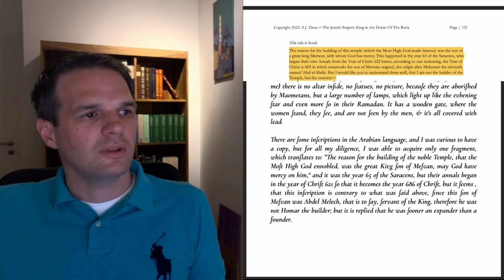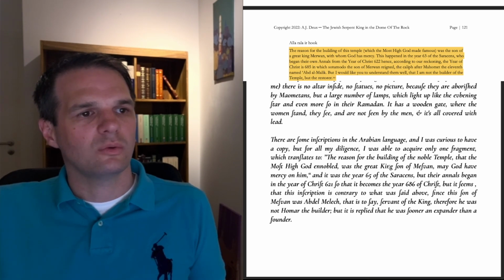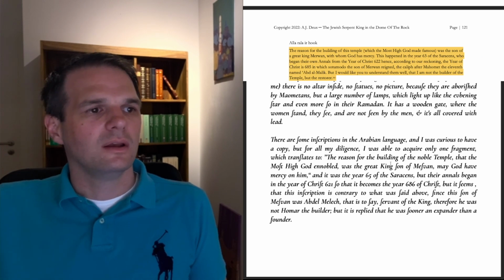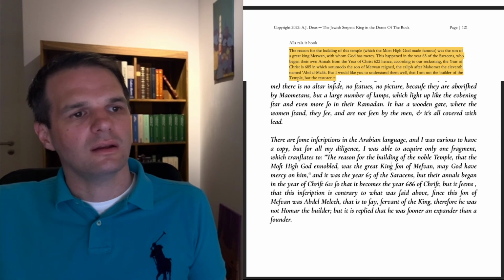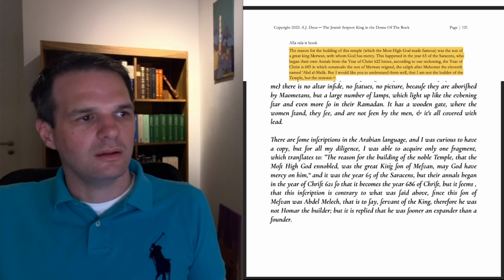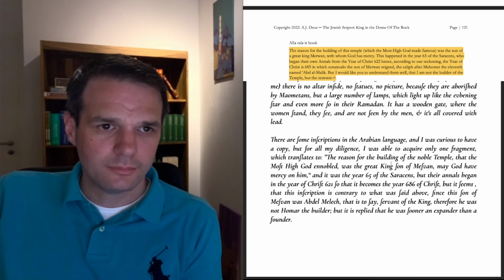But it seems that this inscription is contrary to what was said above, since the son of Meswan was al-malik, that is to say, servant of the king. Therefore he was not Umar the builder, but it is replied that he was sooner an expander than a founder.